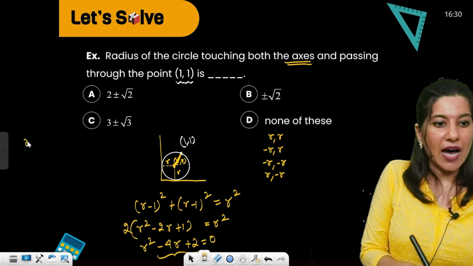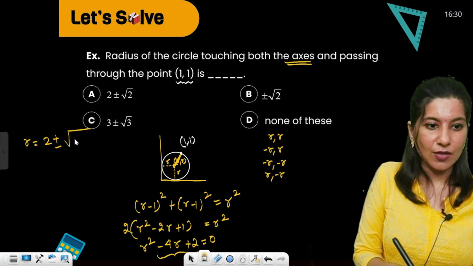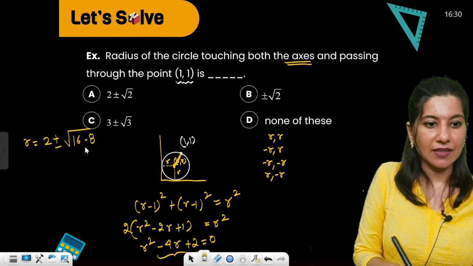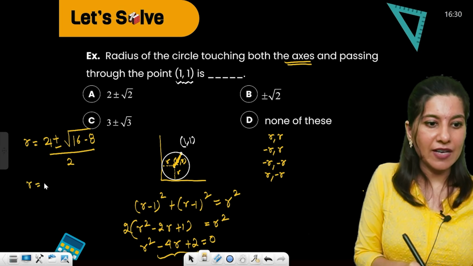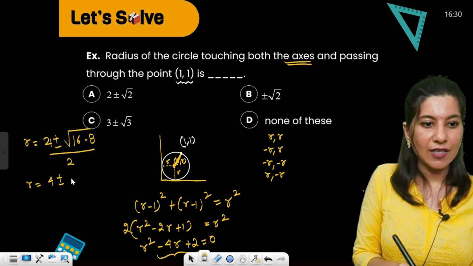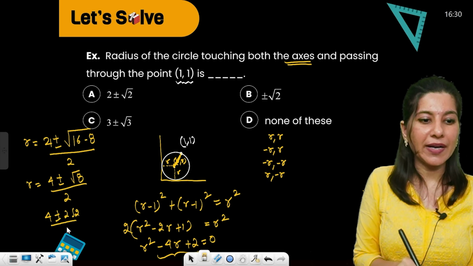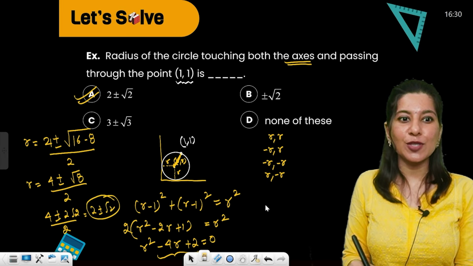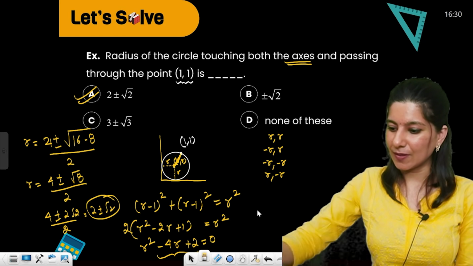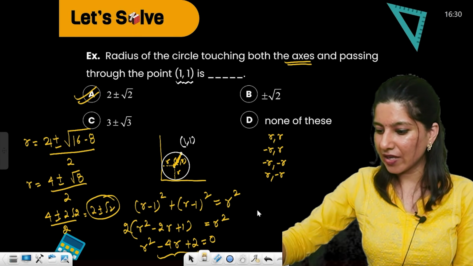R equals 4 plus minus square root of 16 minus 8, upon 2. R equals 4 plus minus root 8 by 2, that is 4 plus minus 2 root 2 by 2. So it is going to be 2 plus minus root 2. Option A seems to be the correct option. Okay.